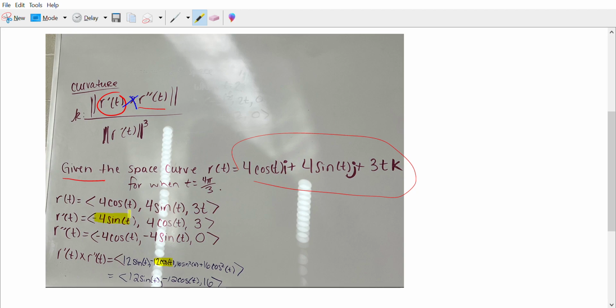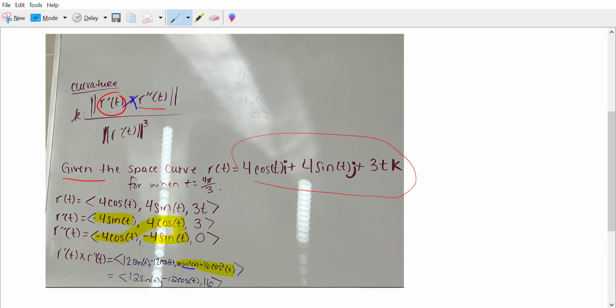Then for the last, our third component, we look at negative 4 sine t times negative 4 sine t, which gives us 16 sine squared t, minus negative 4 times positive 4, so negative 16 cosine squared t, and since it was minus a negative, we rewrite that as a plus.